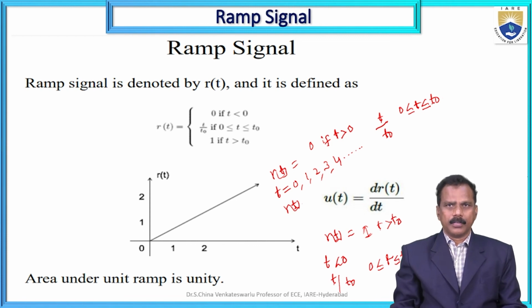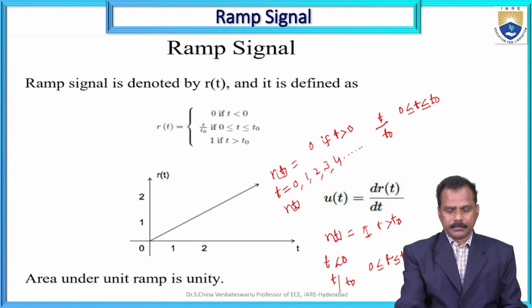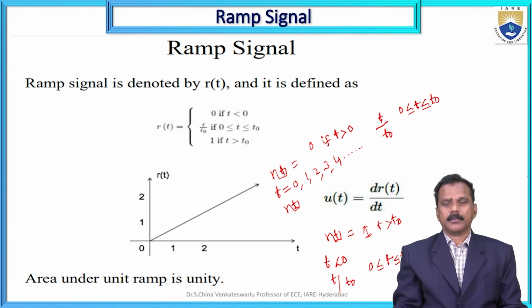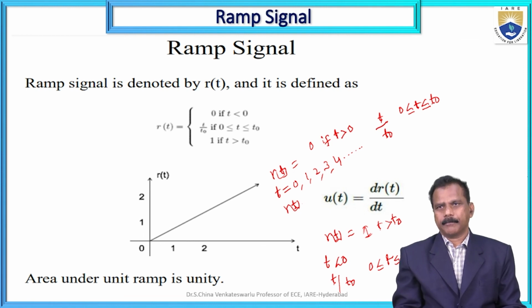Like this, r of t values are substituted, and the rate of the area under the unit ramp is unity, where u of t is equal to dr of t by dt.